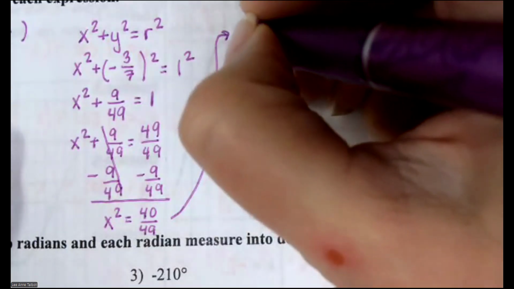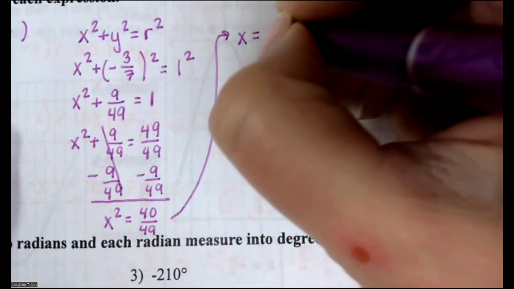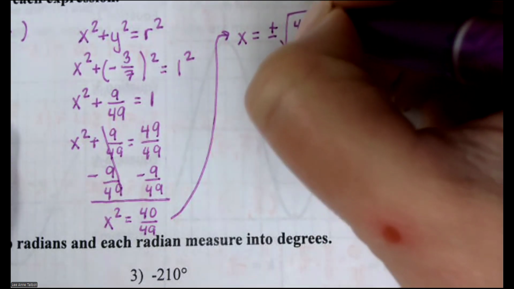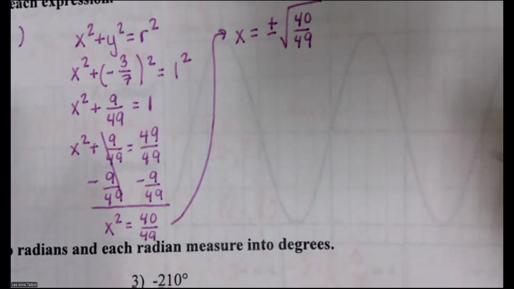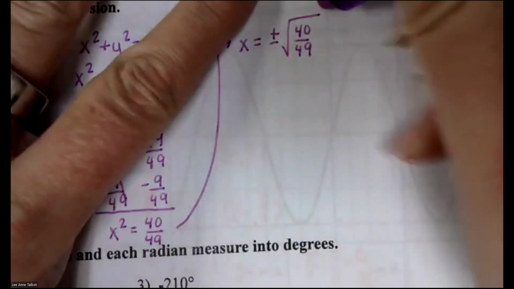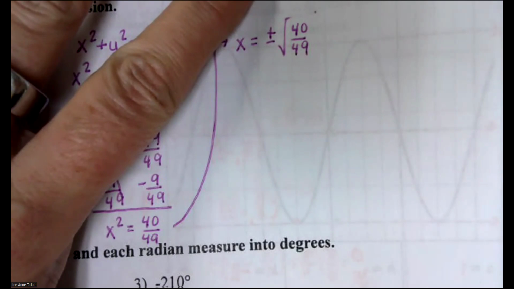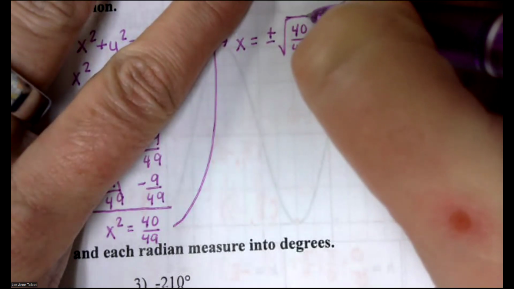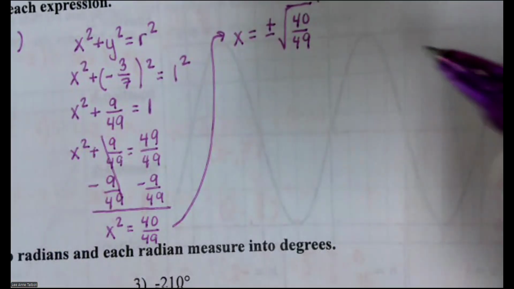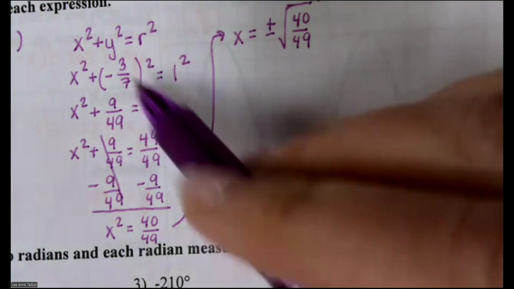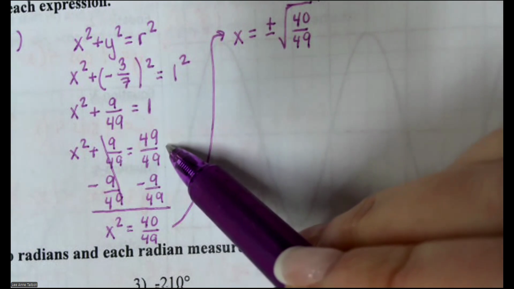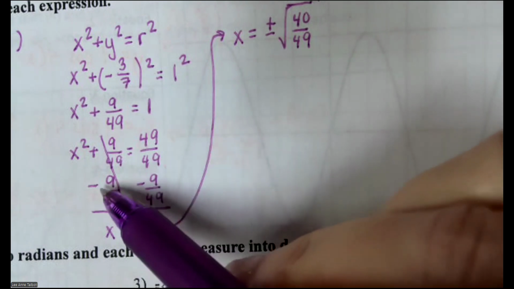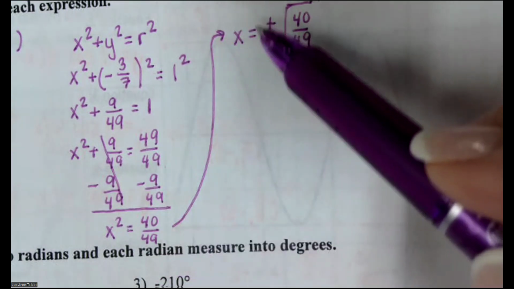Okay. X equals plus or minus square root. So I just want to go through the steps of this kind of slow. Okay, are you guys okay with this so far? I squared the fraction, got a common denominator, subtracted, and then took the square root.